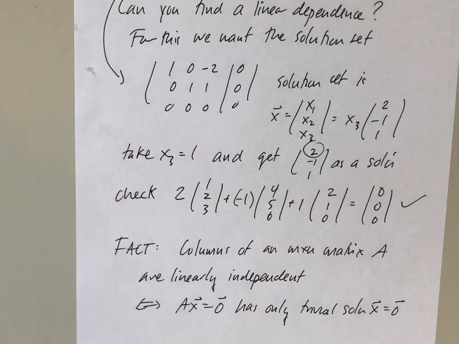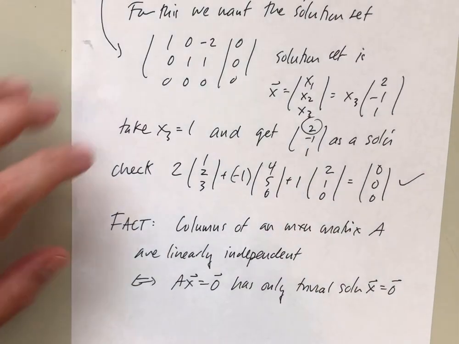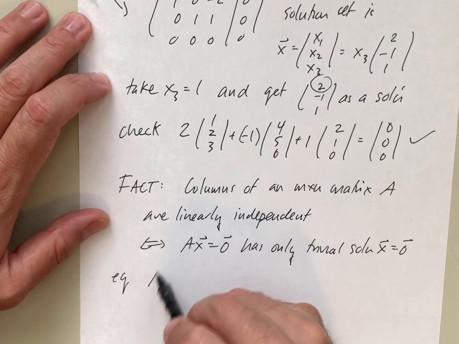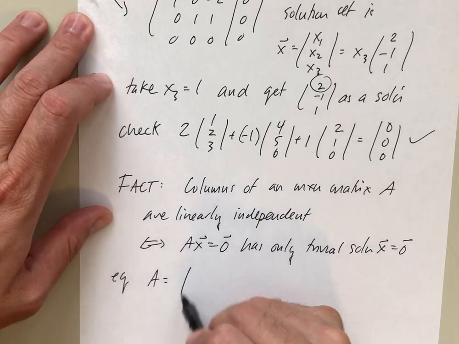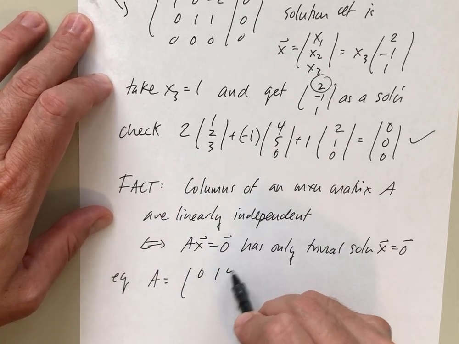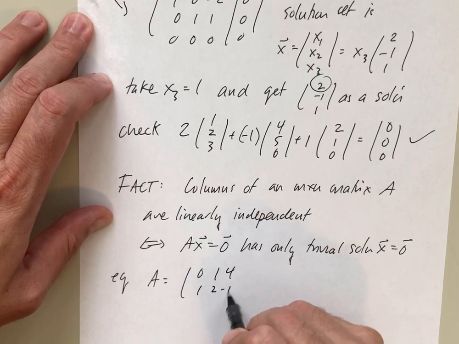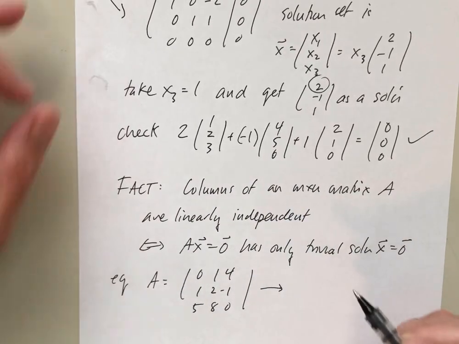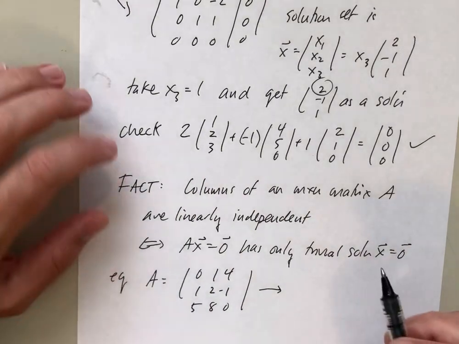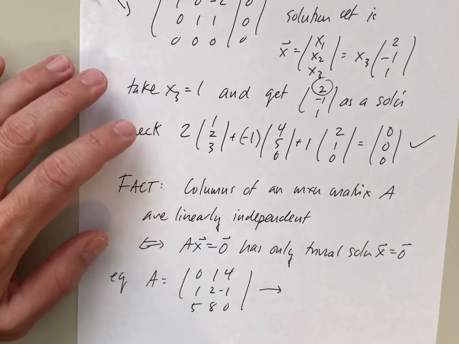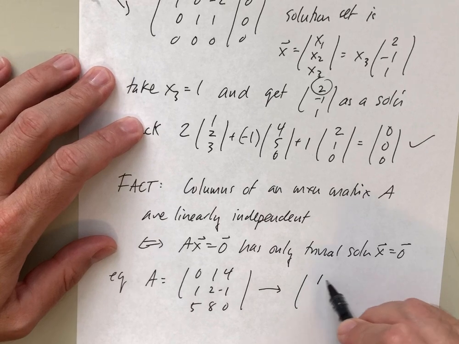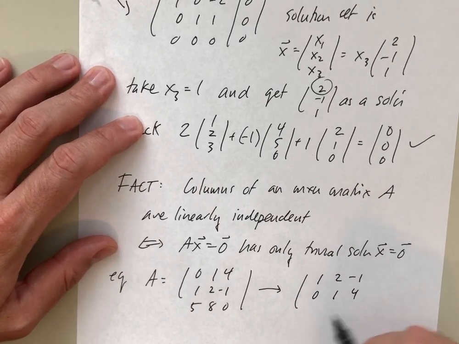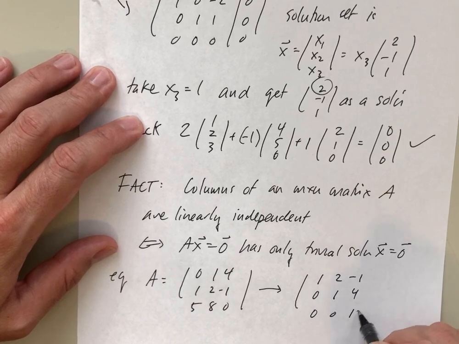Okay. Let's see, maybe I'll just do one quick example here. So what if A is, just to throw one more example at you, 0, 1, 4, 1, 2, minus 1, 5, 8, 0. This is a 3 by 3 matrix. It reduces to the following row echelon form: 1, minus 1, 1, 2, minus 1, 0, 1, 4, 0, 0, 13.